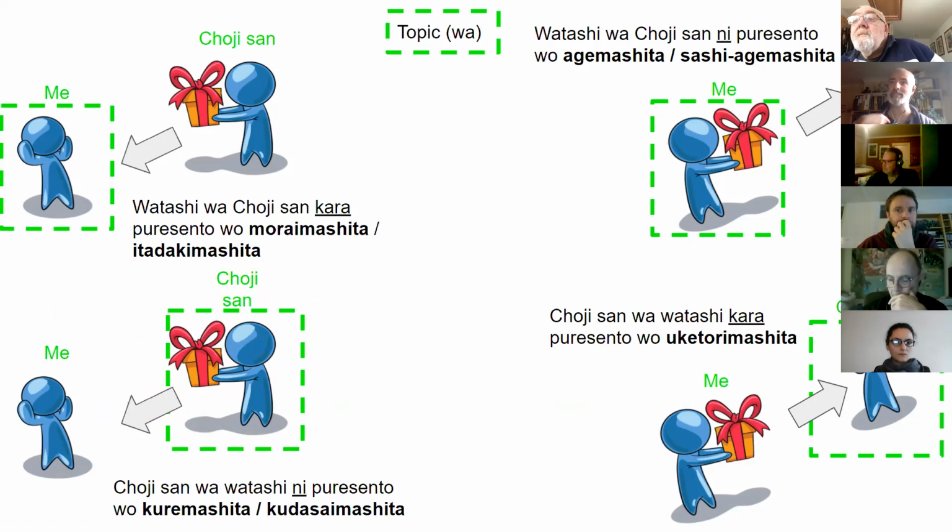So it says watashi ni presento o, and then we have either of these 2 verbs, kuremashita or kudasaimashita. The giver is the subject. Exactly, yes. And the ni is the direction where the present's going to.